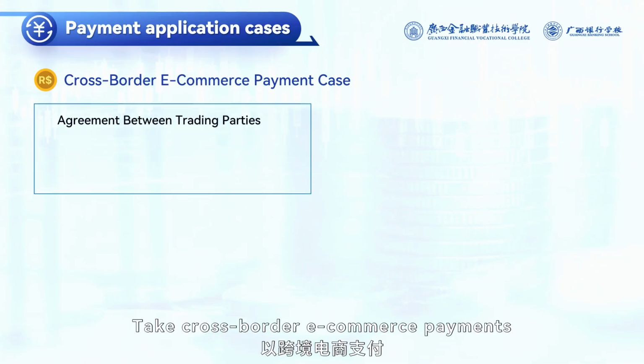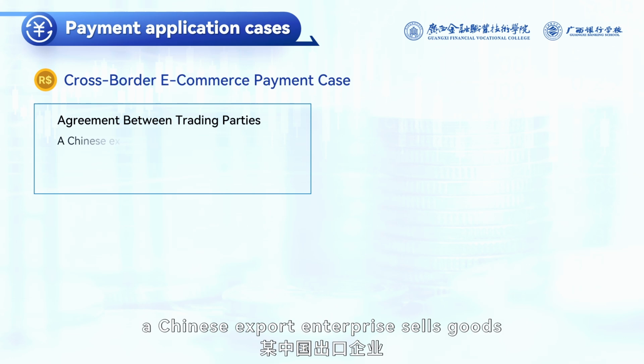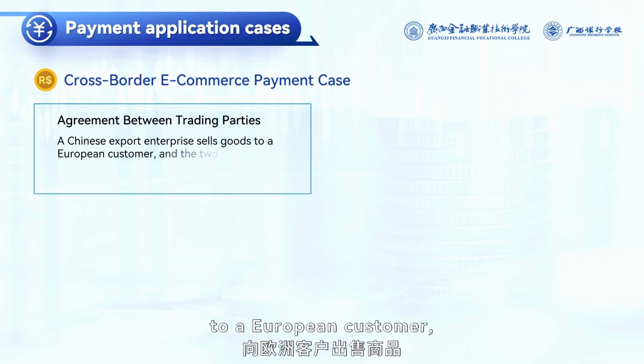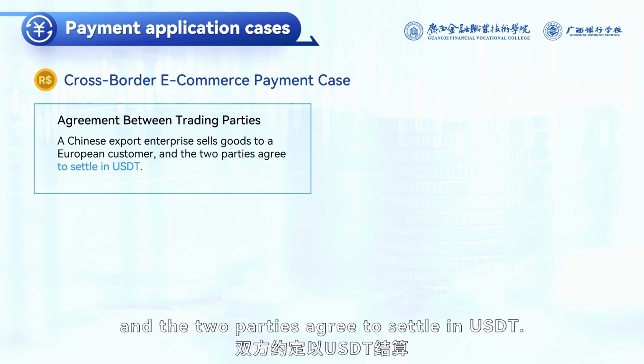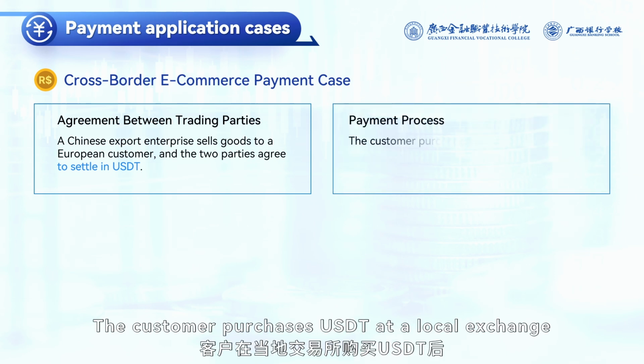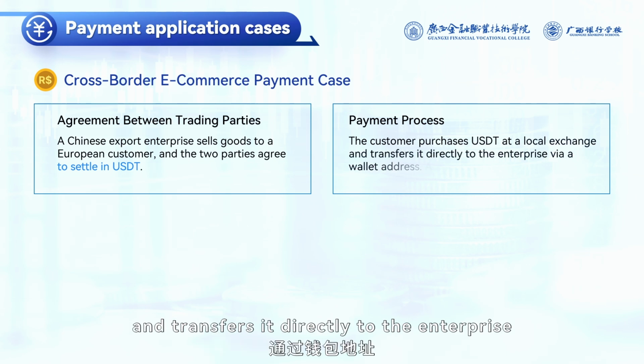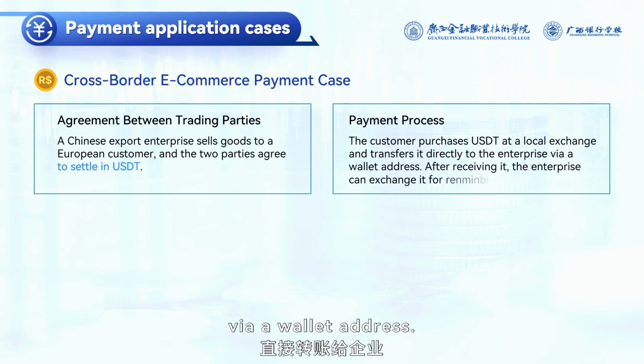Take cross-border e-commerce payments as an example. A Chinese export enterprise sells goods to a European customer, and the two parties agree to settle in USDT. The customer purchases USDT at a local exchange and transfers it directly to the enterprise via a wallet address.